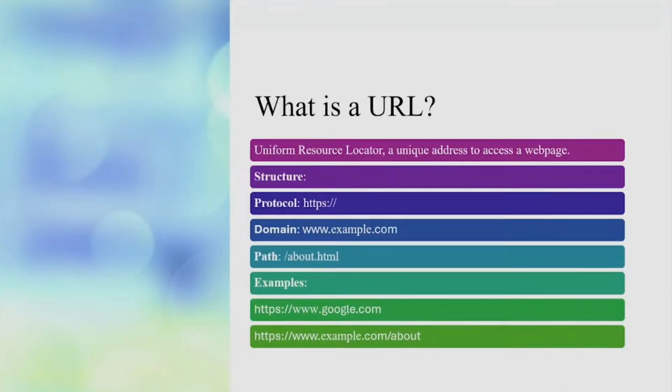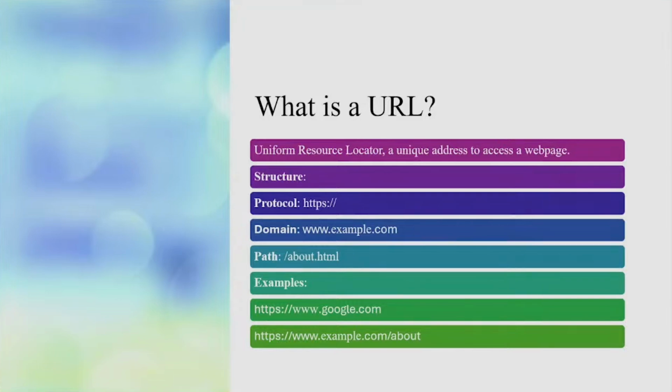Now we are discussing what a URL, uniform resource locator, is and how we can access an address. Suppose you want to get some information, how do you get it? We need to mention the address. Suppose I would like to access the Google web page.